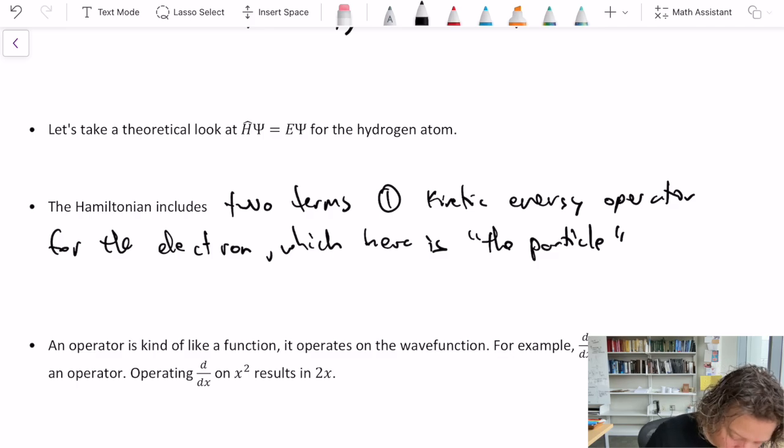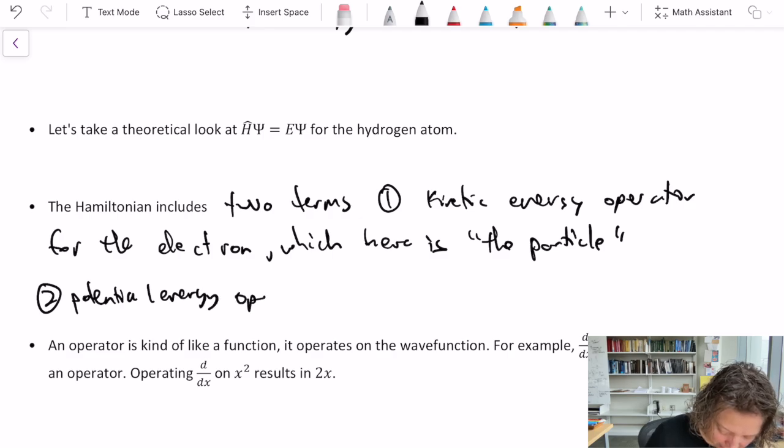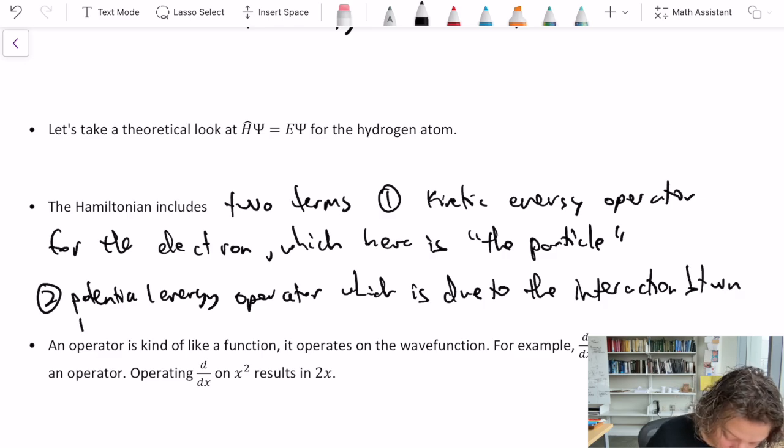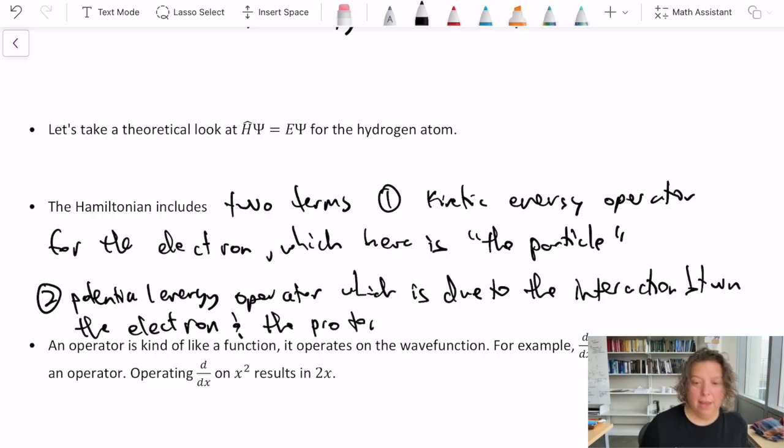And the second one is going to be the potential energy operator, which is due to the interaction between the electron and the proton. So we're looking at a hydrogen atom.